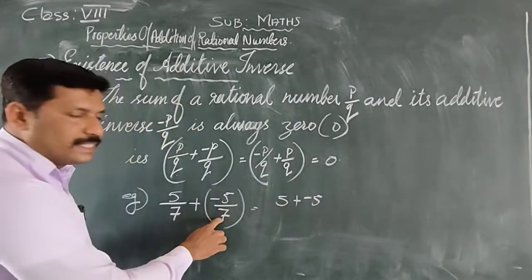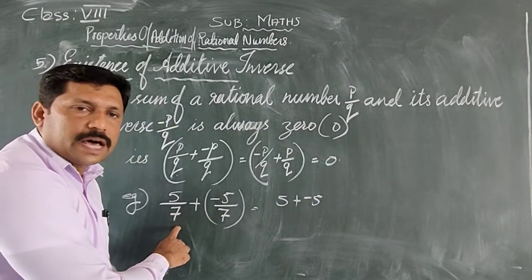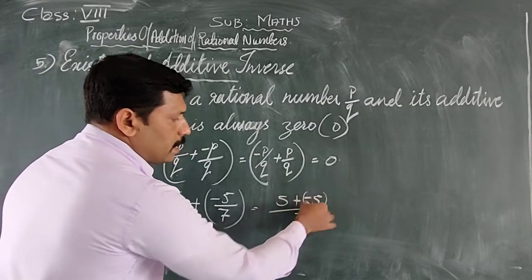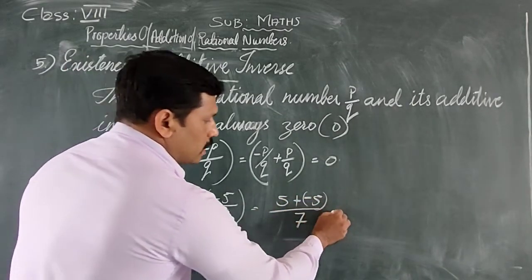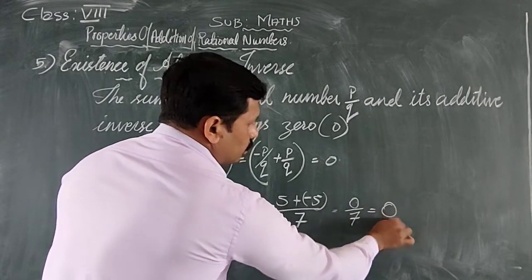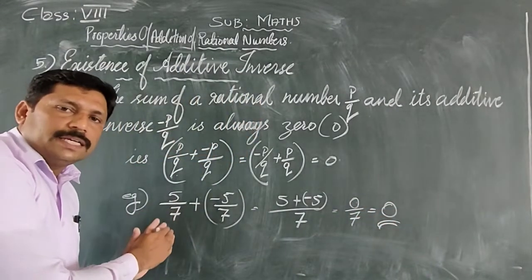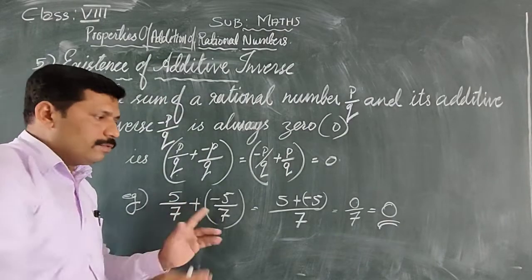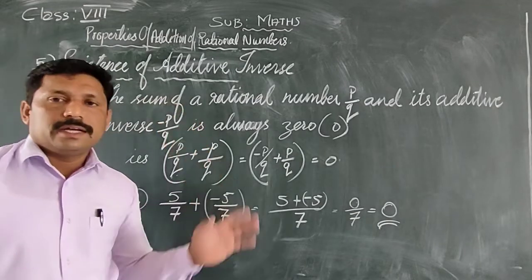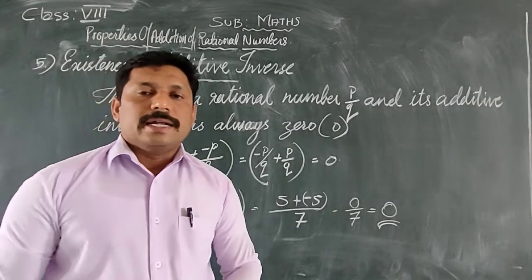Here there is no need to find the LCM because the denominators are the same. One is a negative number, another is a positive number, so the answer will be 0 upon 7. 0 upon 7 means it is 0. So if a number is added to its additive inverse, the result will always be 0. This property is called the existence of additive inverse.